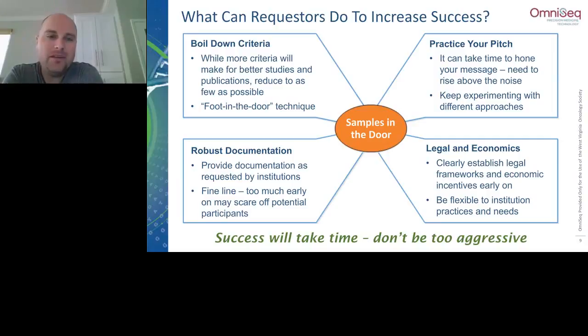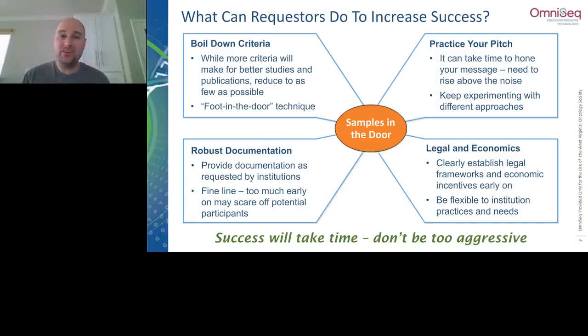Let's go up to the top left here, so we'll mix it up a bit. I've alluded to this before, but I think it's really important to define not only your ideal criteria for both samples and data, but also to define what I'll call your minimum requirements. On the second bullet here, I've alluded to a psychology technique called foot in the door.